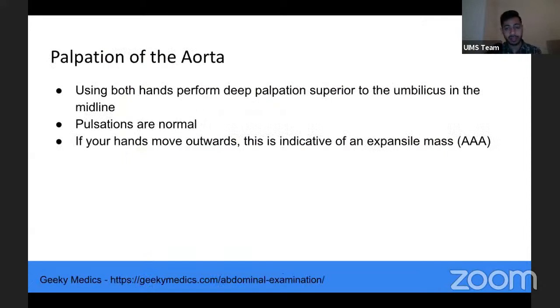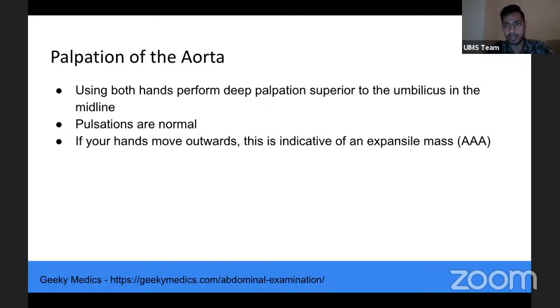And then the final thing that we'll be palpating is the aorta. For the aorta, we're going to use both of our hands. We're going to perform a deep palpation superior to the umbilicus in the midline with both of our hands to try and palpate the aorta. Usually pulsations are normal because it's the abdominal aorta and it has a very high blood flow rate.